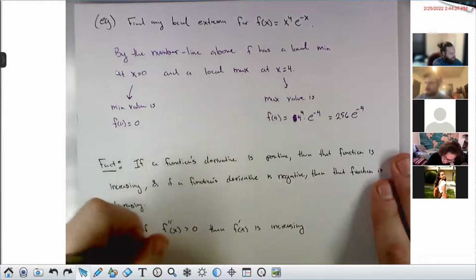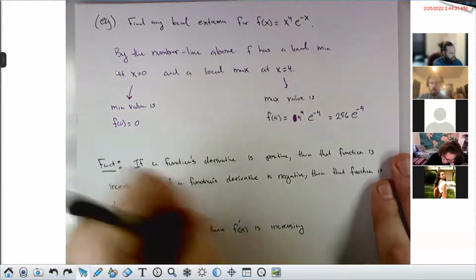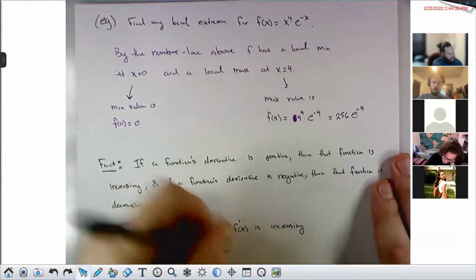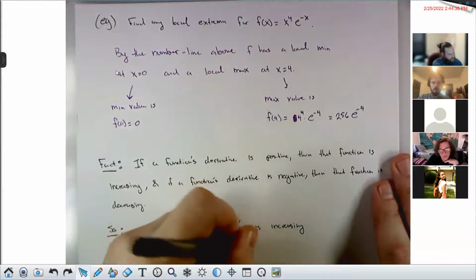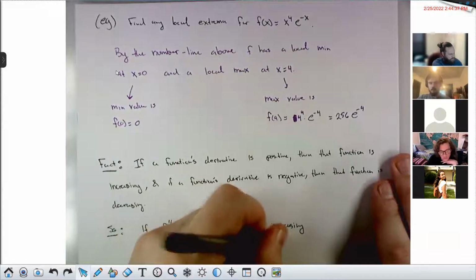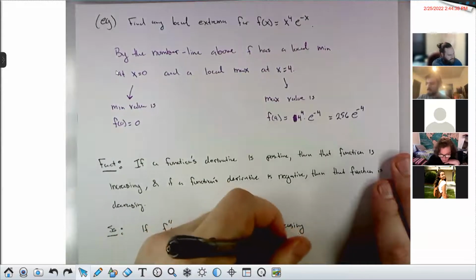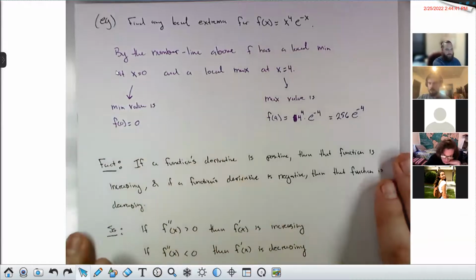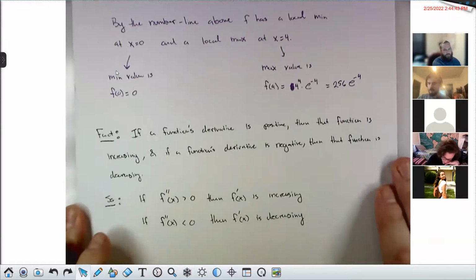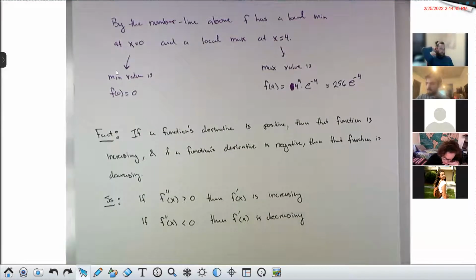And if f double prime of x is negative, then f prime of x is decreasing. Right, because f double prime is the derivative of f prime.